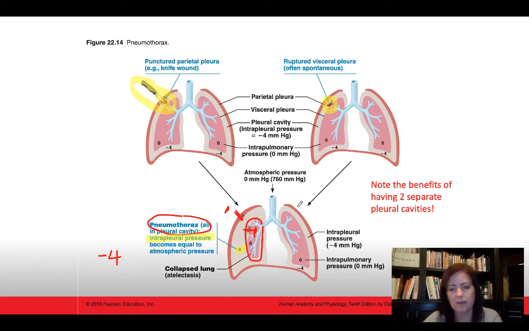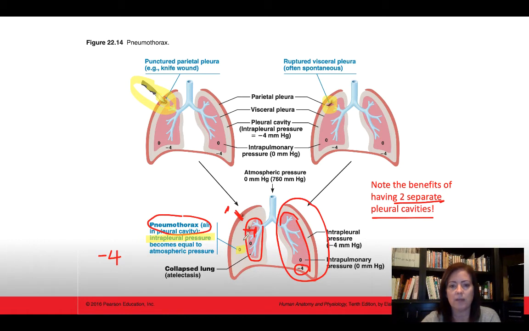On the flip side, if you look at this side, there was no injury on this side, and we've maintained our -4 intrapleural pressure there, and so we've maintained our suctioning. So on this side, we've got a nice, fully expanded lung, and it's doing its job. So I'm talking about this just to illustrate the fact that we've got two separate pleural cavities.